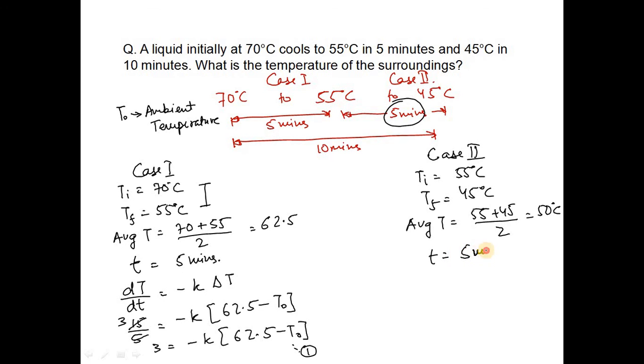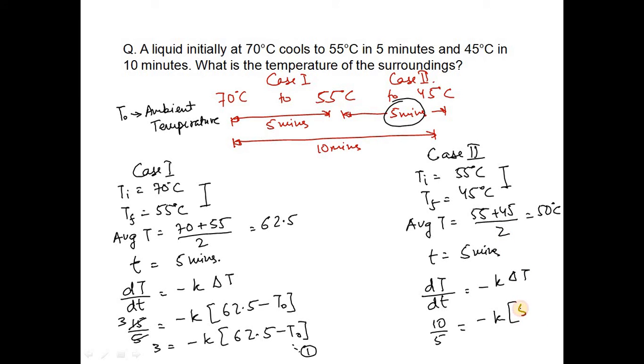So 5 minutes. Putting in the values in the equation, what is the temperature difference? 55 minus 45, so the temperature difference is 10. Time taken is 5. Minus k. What is the difference between the average temperature of the body and the surrounding?